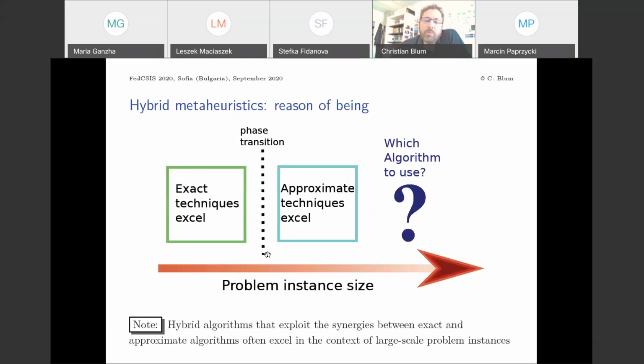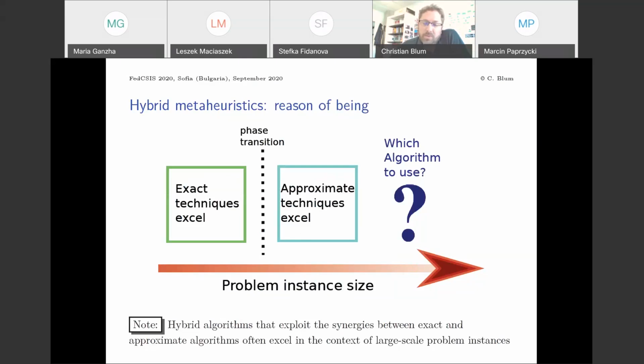What is their reason for being? Why did people come up with hybrid meta-heuristics? Why did they get the idea of combining different optimization algorithms? One answer, and I'm sure there is more than one, is the size of problem instances. The problems that are solved in industry are always growing.